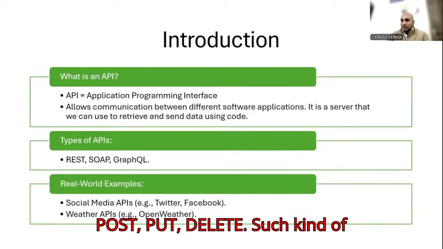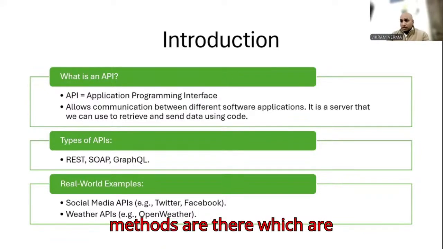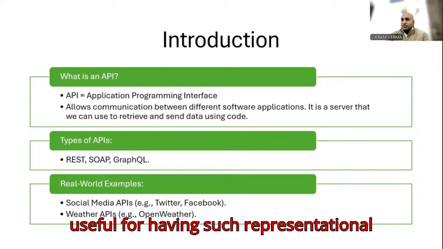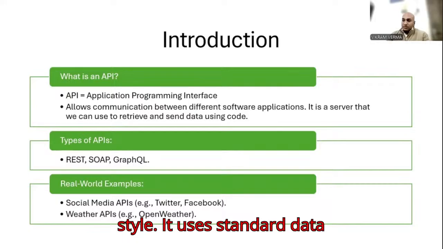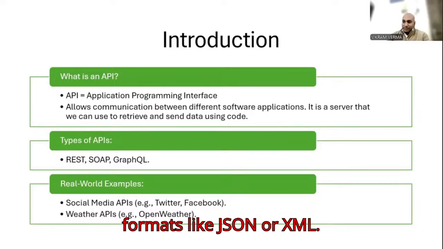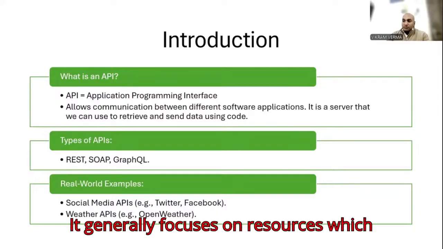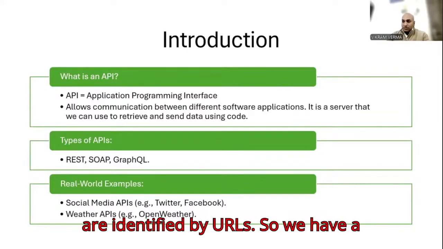Such methods are useful for this representational state transfer architectural style. It uses standard data formats like JSON or XML. It generally focuses on resources which are identified by URLs.